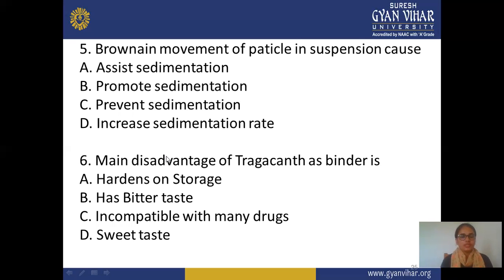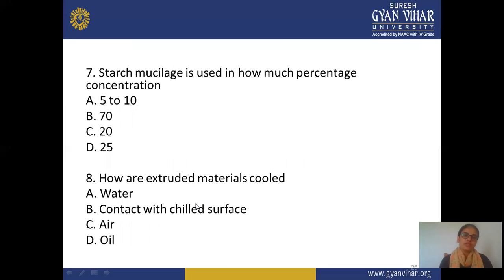Sixth question: the main disadvantage of tragacanth as a binder is: A, hardens on storage; B, has a bitter taste; C, incompatible with many drugs; D, sweet in taste. Next, seventh question: starch mucilage is used in how much percentage concentration? A is 5 to 10, B is 70, C is 20, and D is 25.